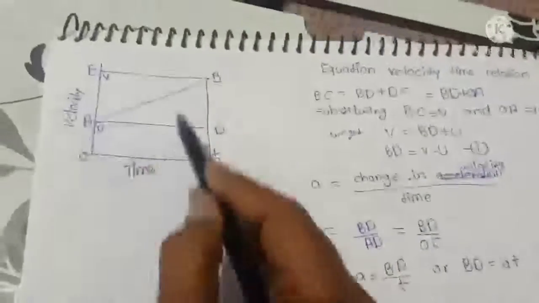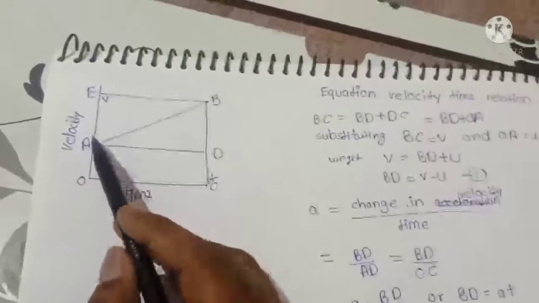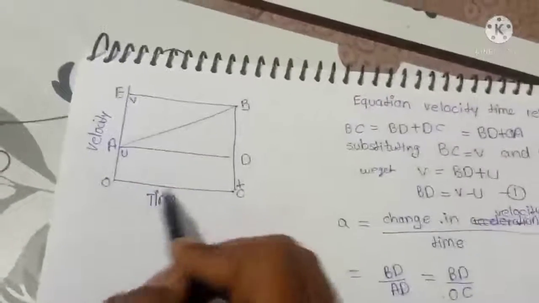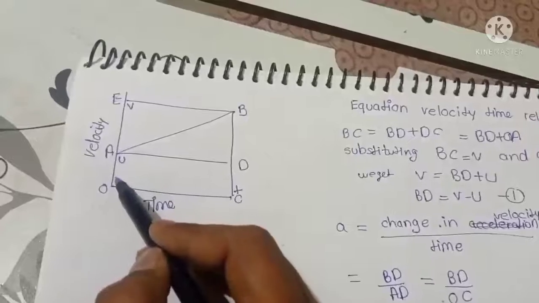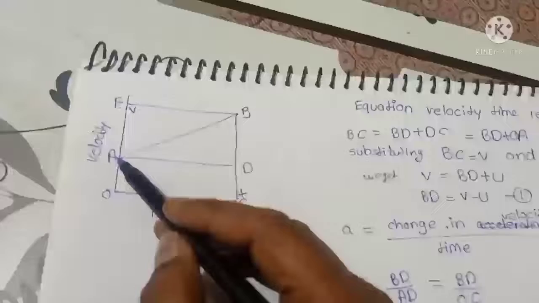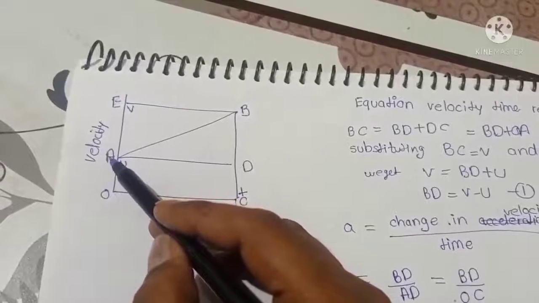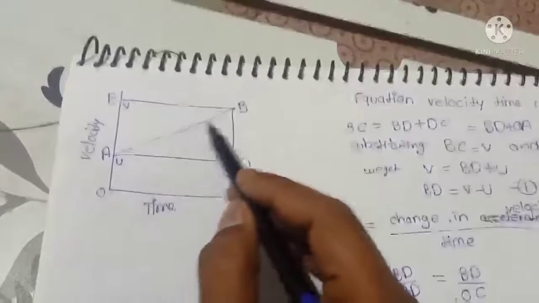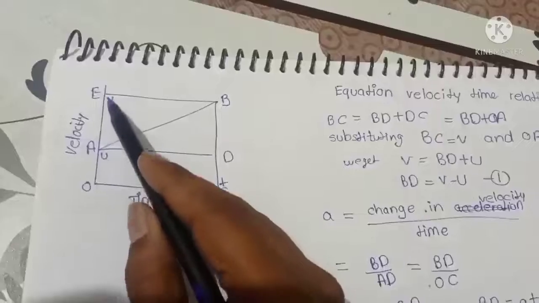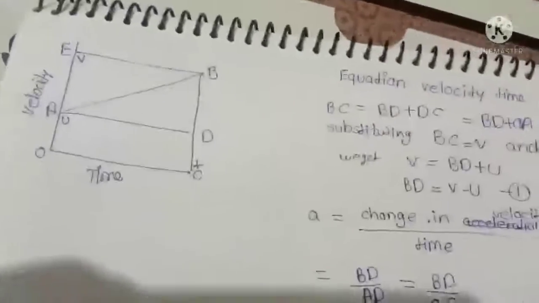Here we have a graph. This axis shows velocity, this axis shows time. Here OA is the initial velocity. From here, the velocity changes at uniform acceleration to point B. We draw a parallel line to the x-axis so that EA can be the final velocity.